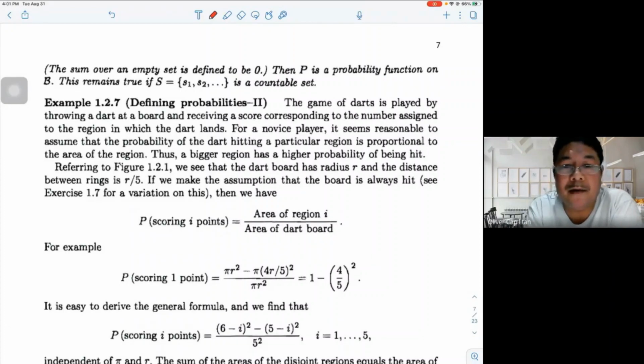We have here the game of darts, played by throwing a dart at a board and receiving a score corresponding to the number assigned to the region in which the dart lands.